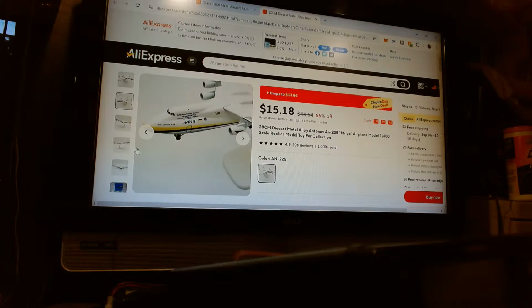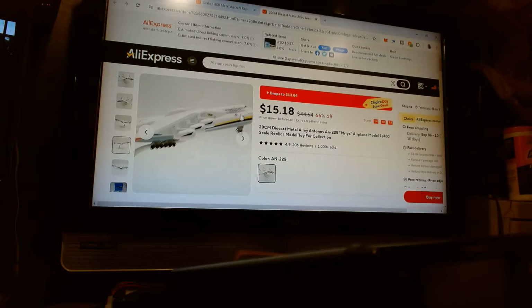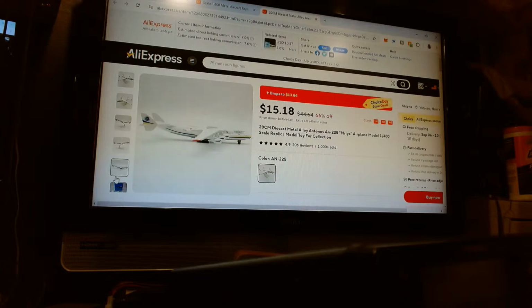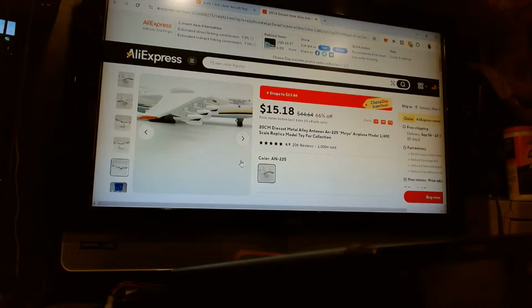The estimated cost to rebuild this plane is between $1 and $3 billion, something like that. From what I read, definitely over $1 billion to build a new AN-225 Mriya. It's famous because it has six engines. This plane was a workhorse of an aircraft.